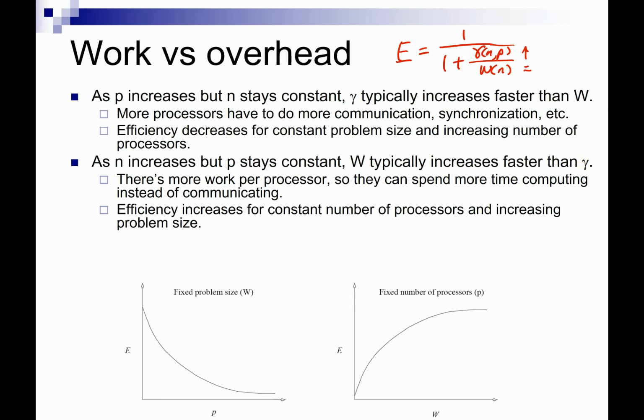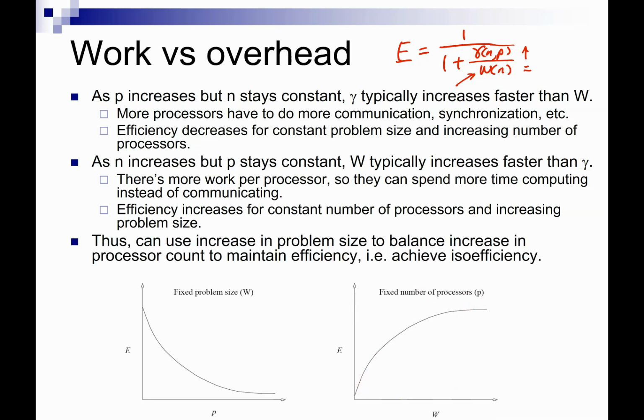And if W increases faster than gamma, then this fraction is going to decrease, and so your efficiency is going to increase. This is what's being shown on the right. Here you fix the number of processors, but you increase W, and this is going to improve your efficiency.